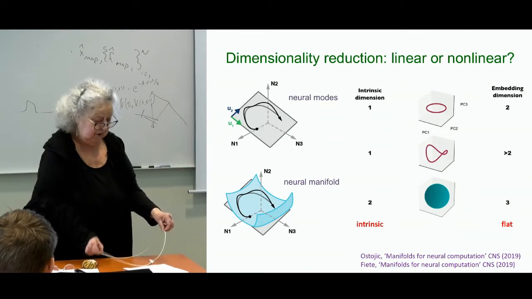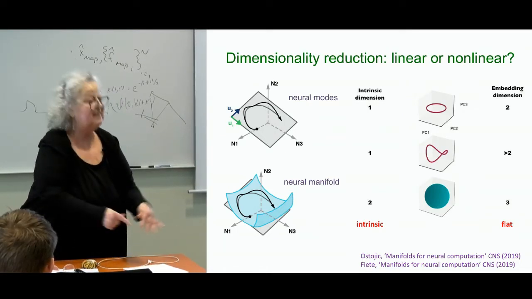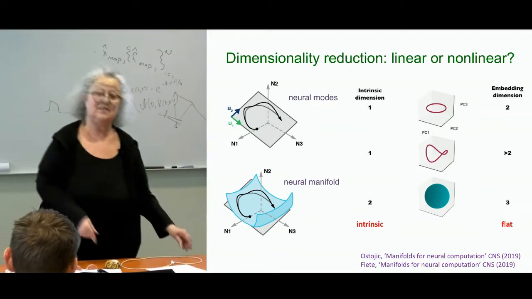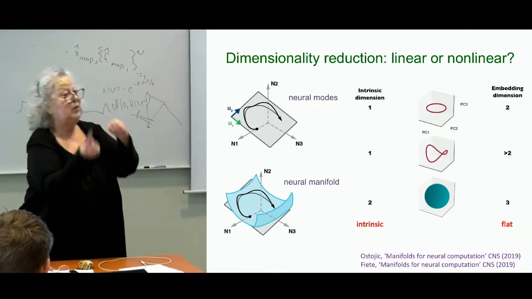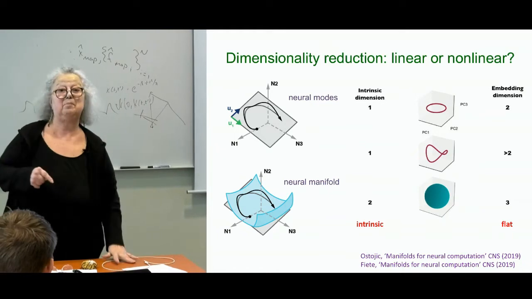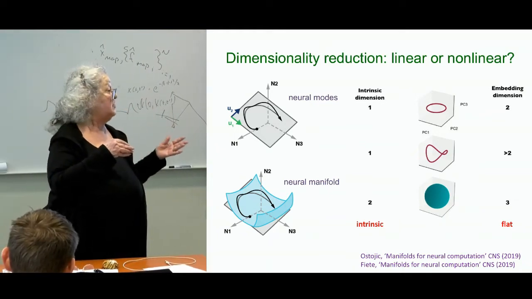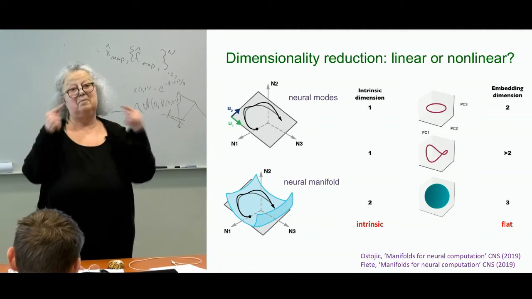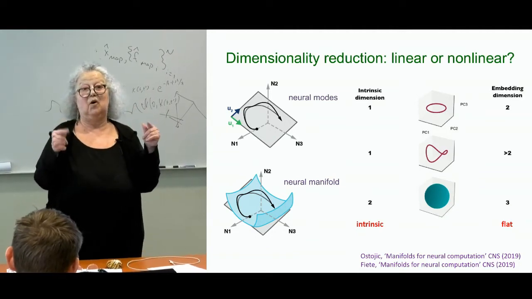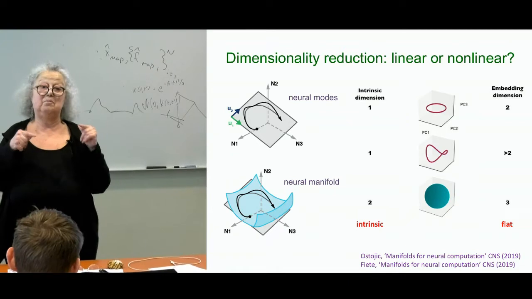And of course, I could do this, and it would still be 3. But imagine that this is embedded in a 100-dimensional space. So I could put the second wiggle that deviates from the plane in any of the other n-3 possible dimensions. So now the flat dimension keeps on increasing, although the intrinsic dimension keeps on being 1.